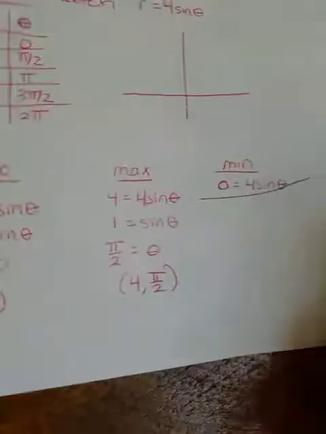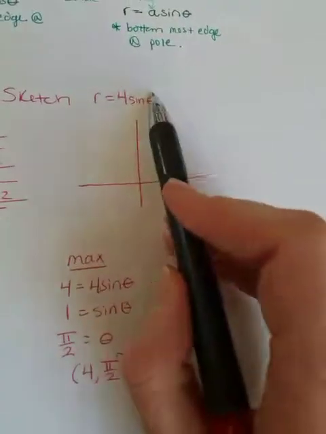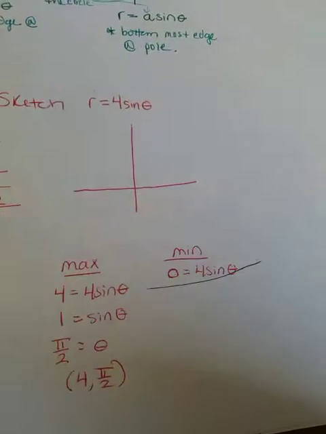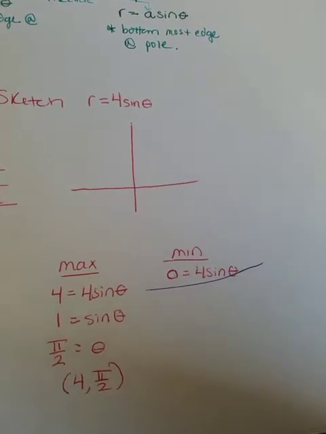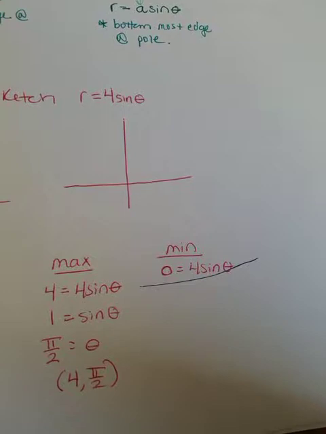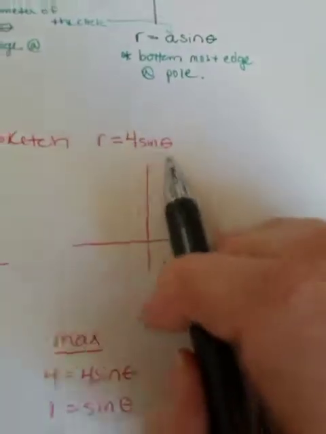I'll backtrack. Now the min, how did I come up with 0 here for my r? The smallest for your min there that we could have is at... I'm thinking -1. I didn't write that in right, did I? So our min is at -1. I'm going to fix that. If sine of theta was -1, -1 times 4, this should be -4.